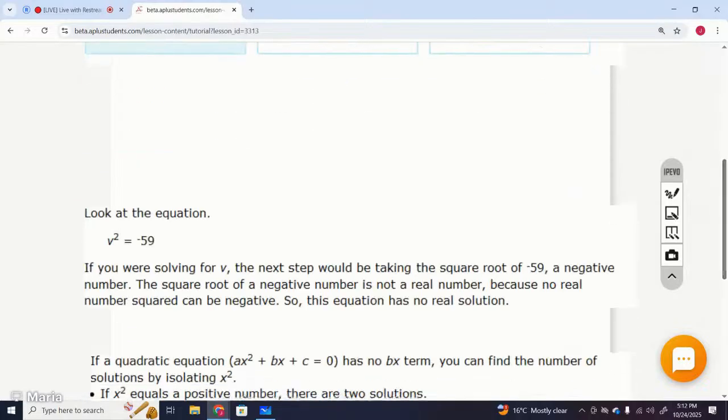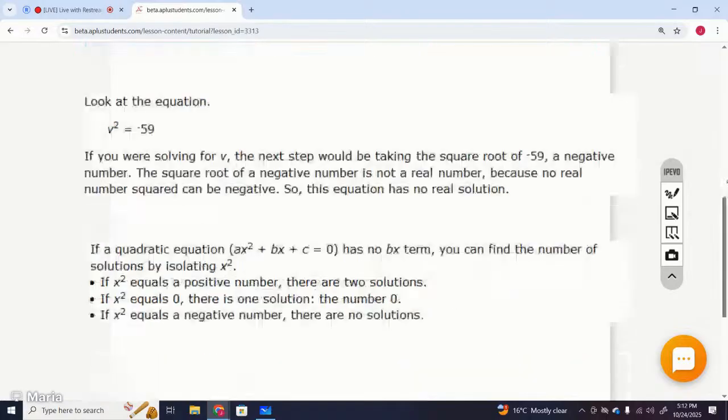The square root of a negative number is not a real number, right? No number squared can be negative, so this equation has no real solution.